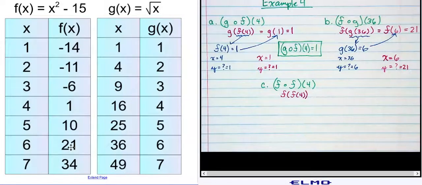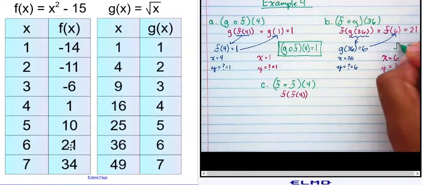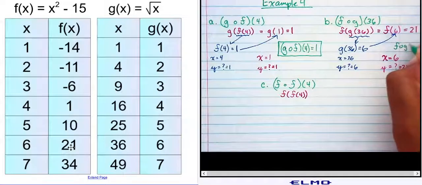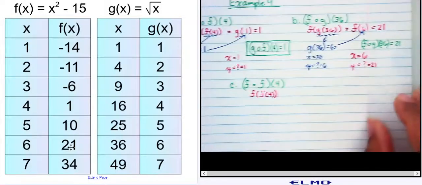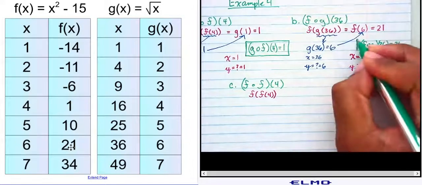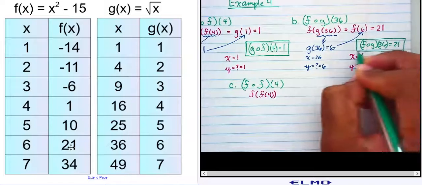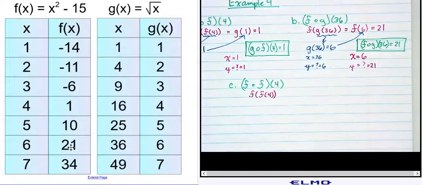Again, what I want to see is what's going to be in red. Oh, sorry, green. So we just, again, wrote it out.